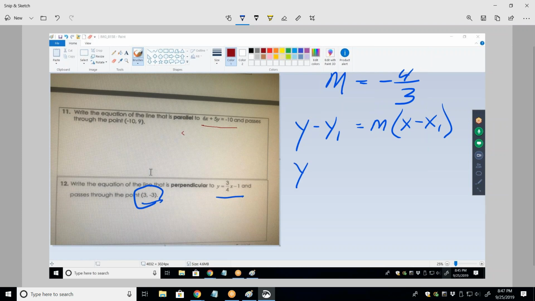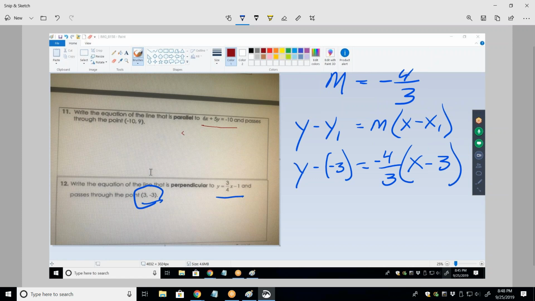What's y1? -3. And what's m? -4/3. And what's x sub 1? 3. Here's your answer.